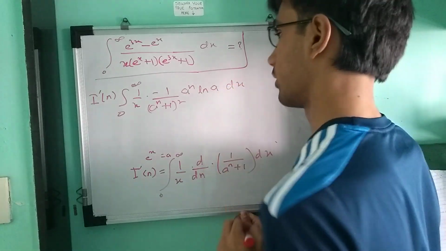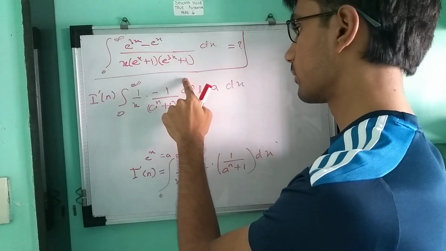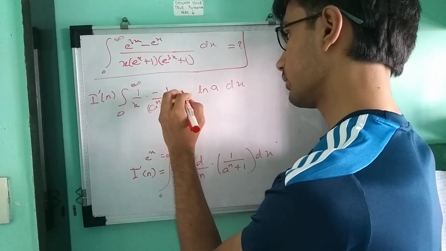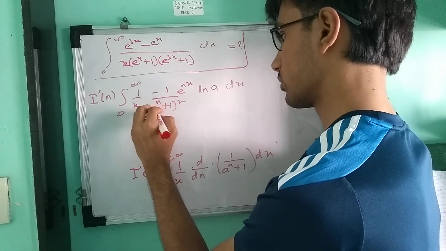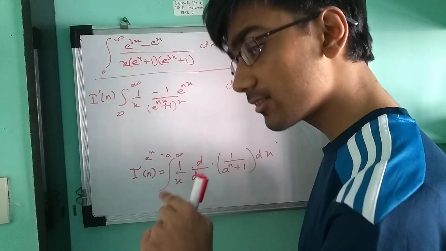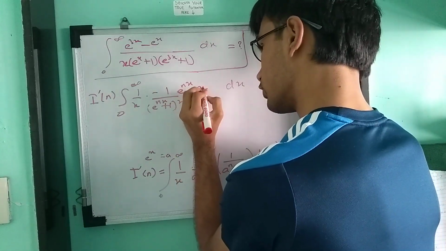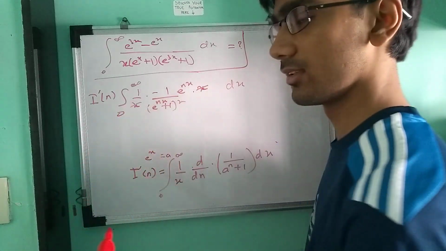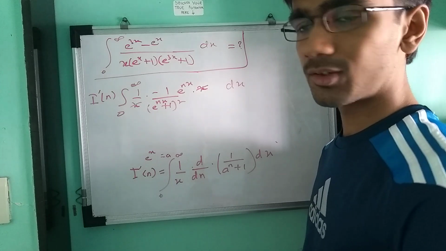But recall, a is e to the power x, right? So I can write a to the power n as e to the power nx, and ln of a as ln of e to the power x, which is nothing but x. So the x cancels out, and if you notice, the x is what is causing the problem.